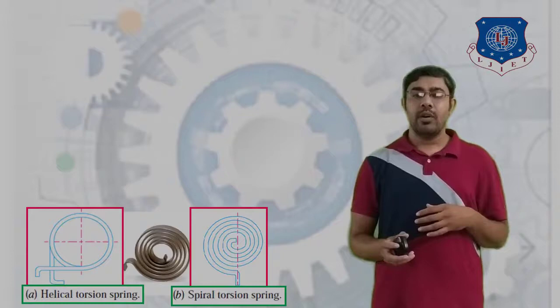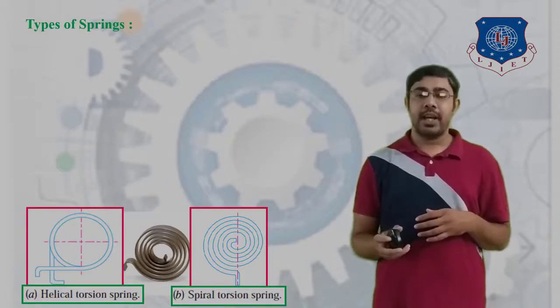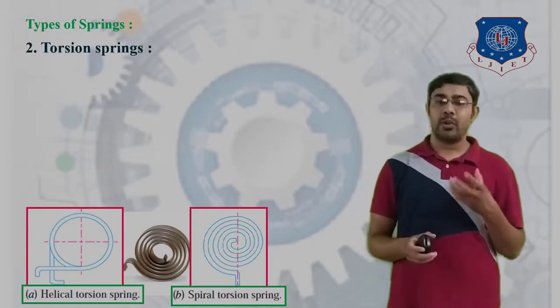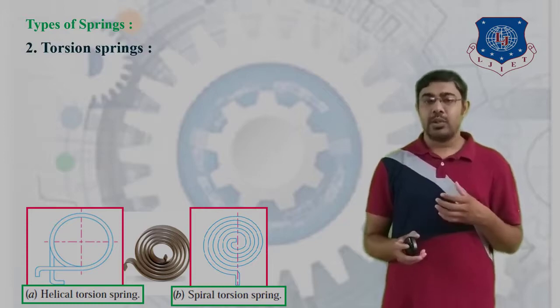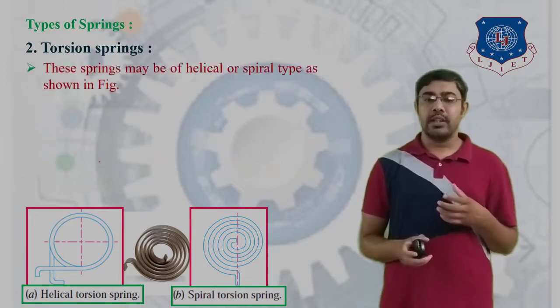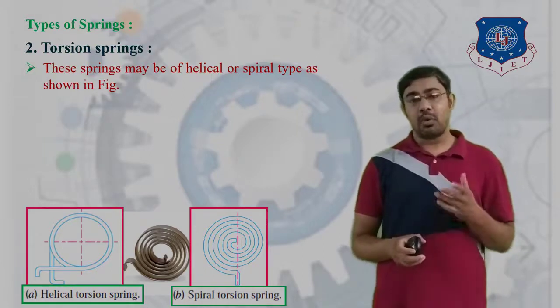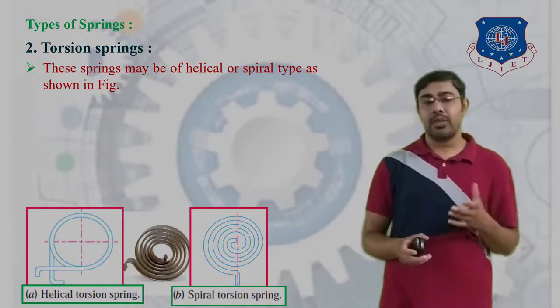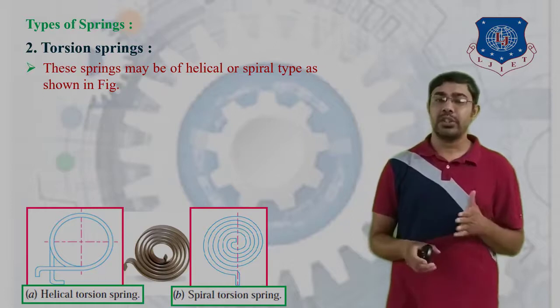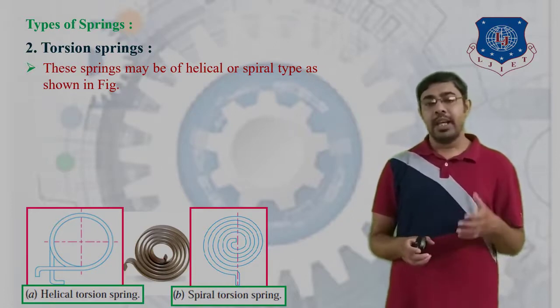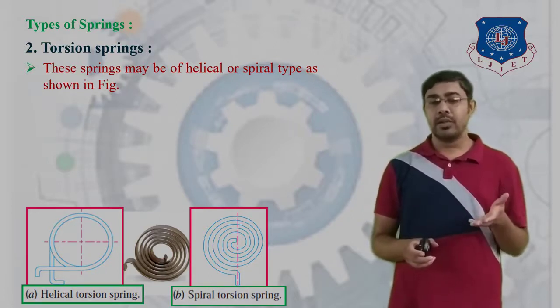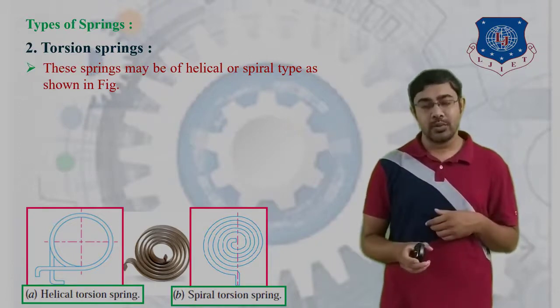The next type of spring is the spiral or torsion spring. This spring may be helical or spiral type. As shown in the figure, the torsion spring may be either a helical torsion spring or a spiral torsion spring.